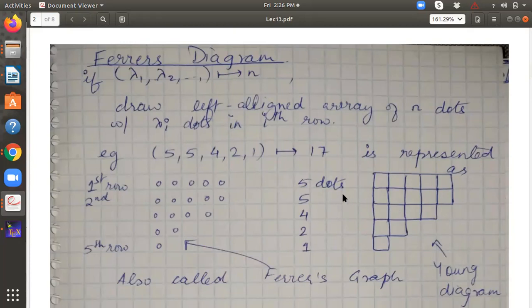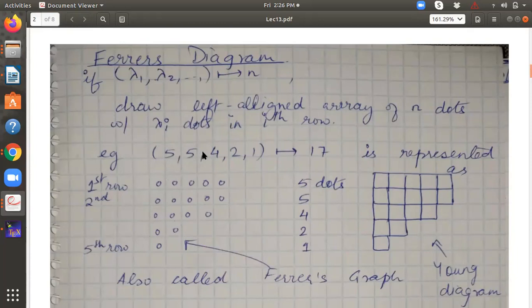And then we also talked about some properties of this sort of diagram. Since it is left aligned, we started drawing the dots starting from the left, and this lambda is a partition, which means lambda_i is greater than or equal to lambda_j if i is smaller than j.